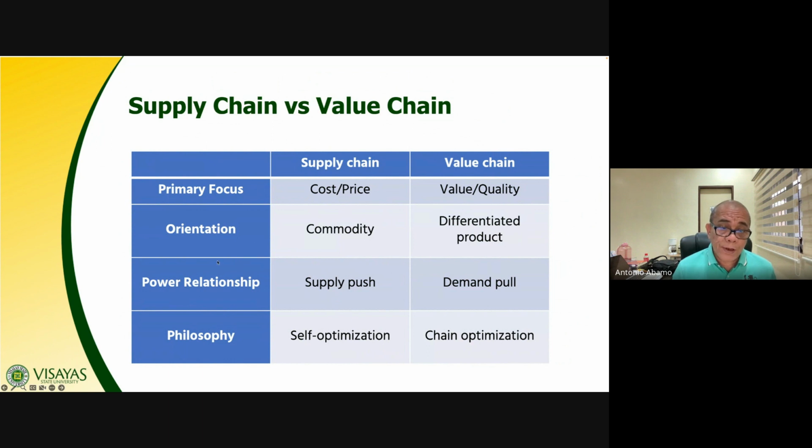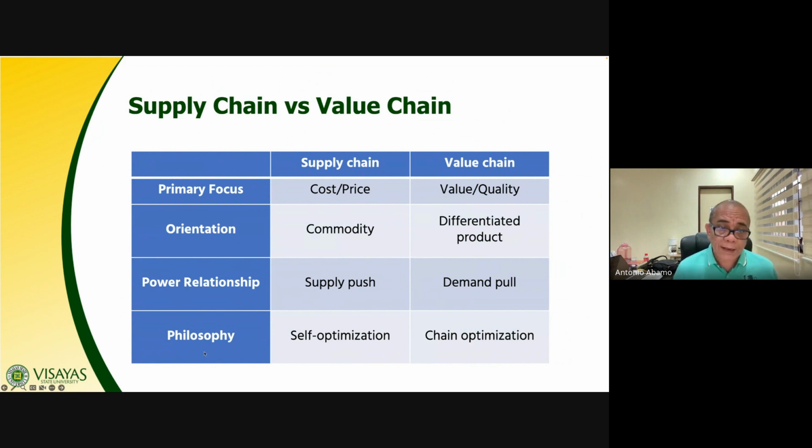Now, the power relationship in supply chain is supply push. That means flowing physical products down to the customer. While in the value chain, it's demand pull. Depending on the demand, once that particular demand is met, it will also trigger the flow of products to the customer.